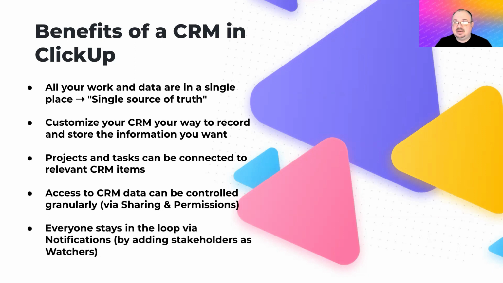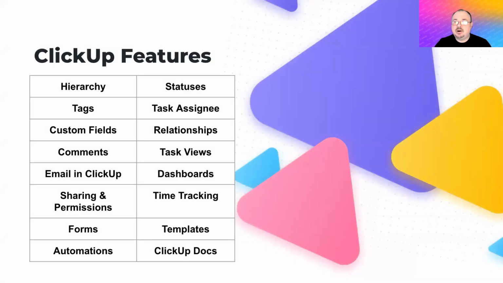And most importantly, everyone stays in the loop via notifications. And this is accomplished by adding stakeholders who are related to or interested in the account as watchers on relevant tasks.